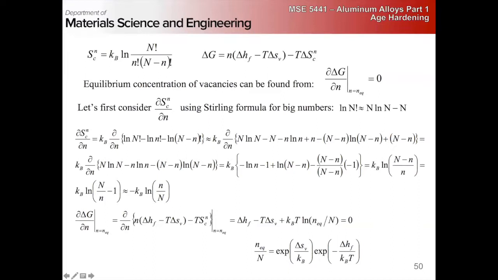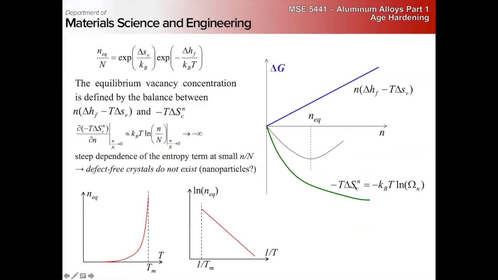And then from there, it's just a little calculus to work through, and you get an expression that looks like this. It's the number of equilibrium vacancies for a given number of atoms that you have. So everyone should sort of work through it once, and you can see the result here.